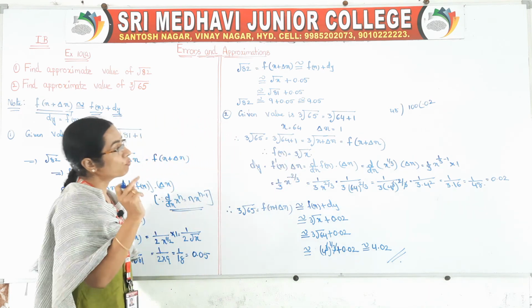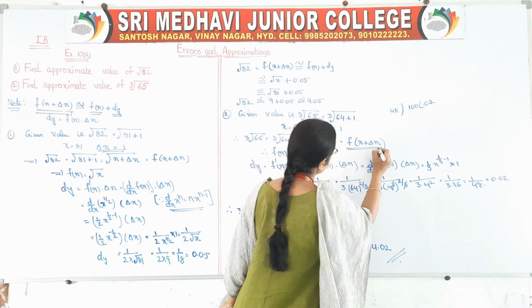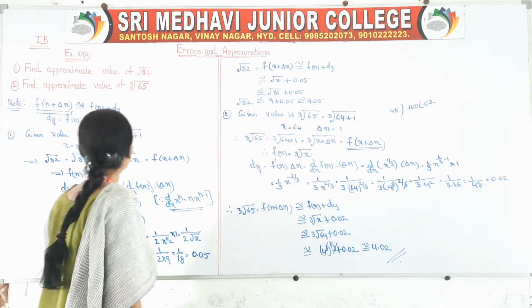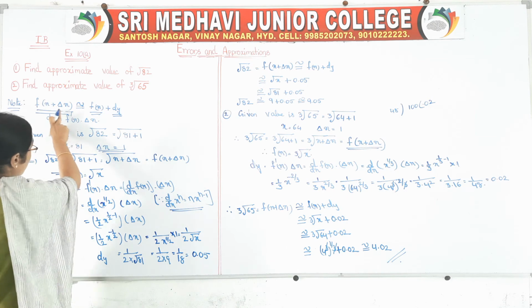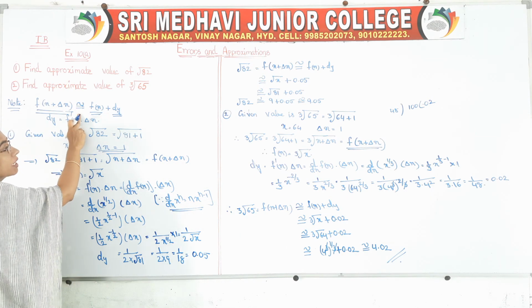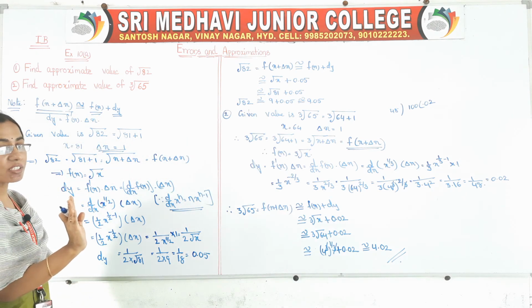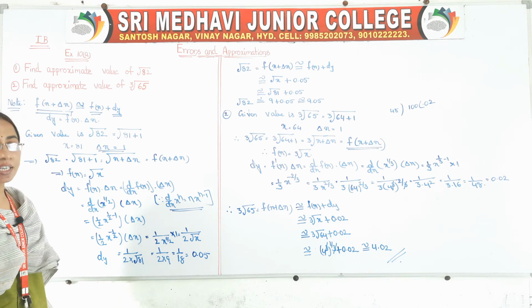So if we want to find the approximate value of this one, the formula is: approximate value of f of x plus delta x is equal to f of x plus dy. You got your f of x now. Now try to find your dy.